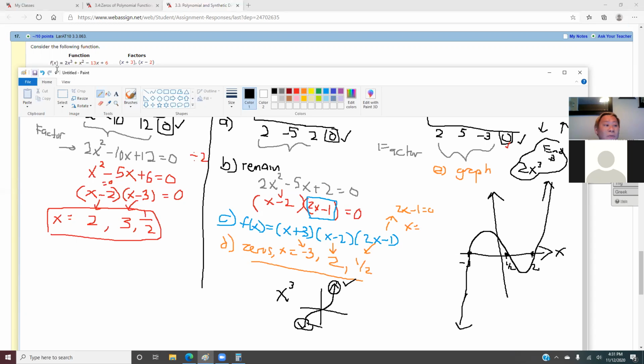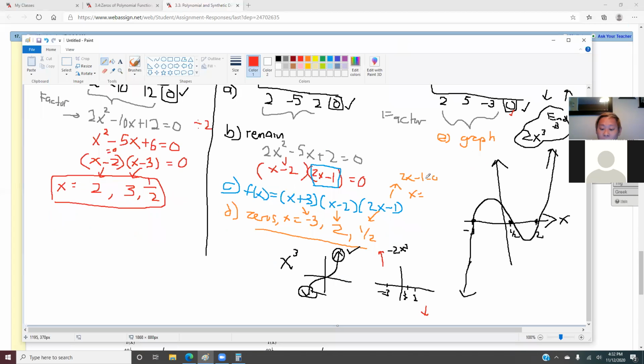But what happens if your 2x cubed is a negative 2x cubed? Wouldn't it go the opposite way? Yep. So you got all these points again, right? The -3, the 1/2, and the 2. So what happened is instead of going down on the left, it goes up on the left. Instead of going up on the right, it goes down to the right.